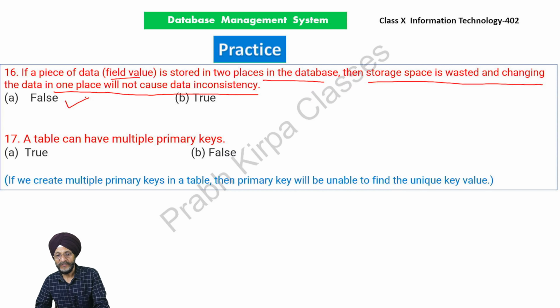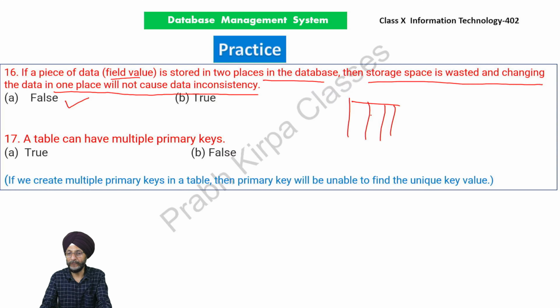This is false. A table can have multiple primary keys. False. A table can have only one primary key. If this is the student ID, this is called primary key. If this student ID is used in any other table, it is possible.